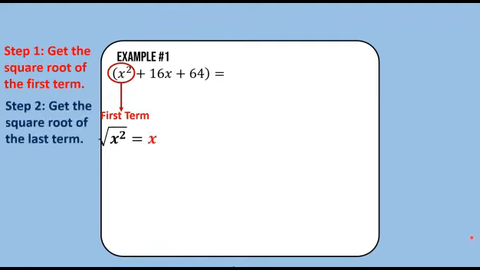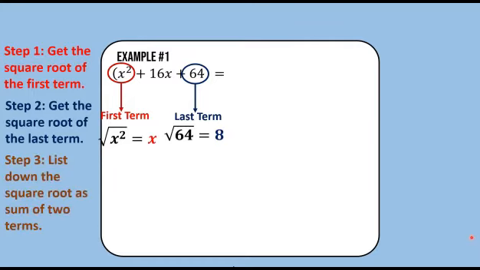Step number 2, get the square root of the last term. Our last term in this expression is positive 64. And the square root of positive 64 is 8. Step number 3, list down the square roots as a sum of two terms.